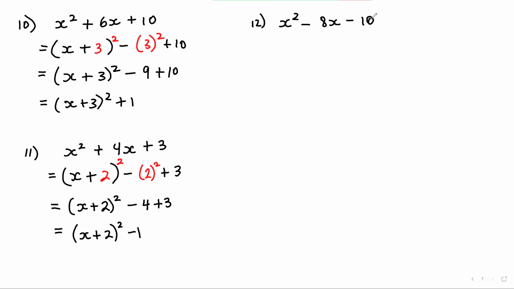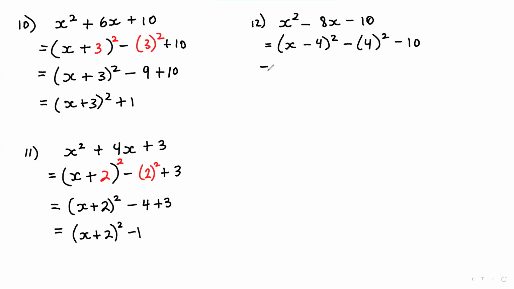Now you just have to bring down that minus sign. Just like how we bring down the minus sign in the brackets, you got to bring down the minus sign for the 10 at the end of it. So I take x, I take half of 8, which is 4, and then I minus that half of 8 squared, minus 10.